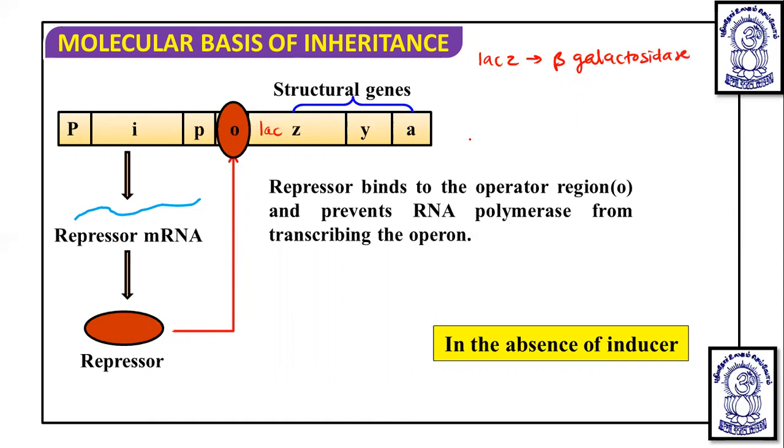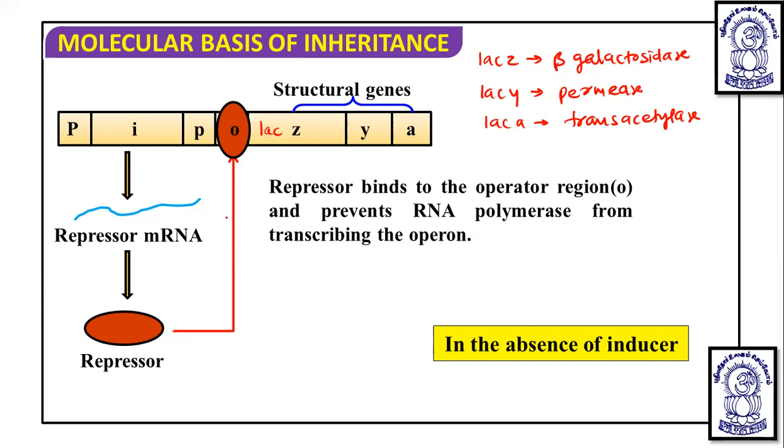Beta-galactosidase is mainly responsible for the hydrolysis of lactose into monomeric units, galactose and glucose. Whereas lacY codes for the enzyme permease, and permease increases the permeability of the cell to lactose or beta-galactosides. Whereas lacA codes for the enzyme transacetylase, and this enzyme transfers an acetyl group to lactose and makes it stable.